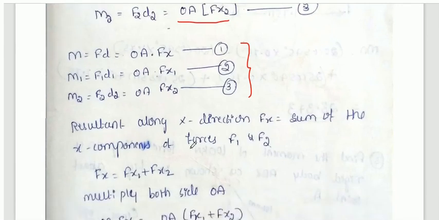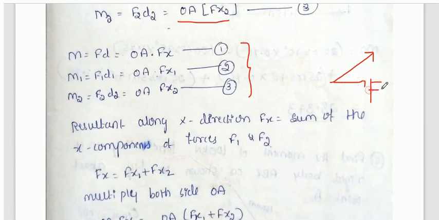Okay. Now the resultant along the x direction is Fx, that is the summation of the components of forces F1 and F2. Try to understand here: these are our two forces and the resultant.